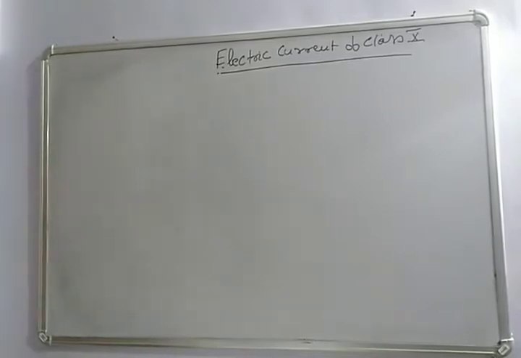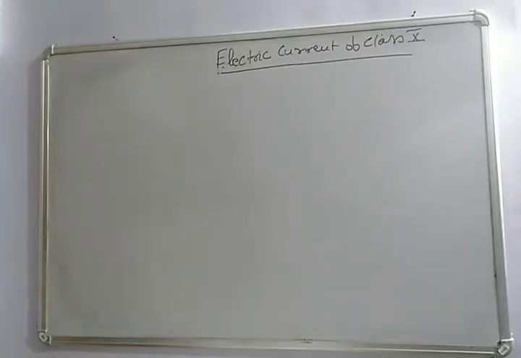So the first is, what is the definition? What do you mean by electric current? Electric current is the amount of charge per unit time that crosses through that surface.